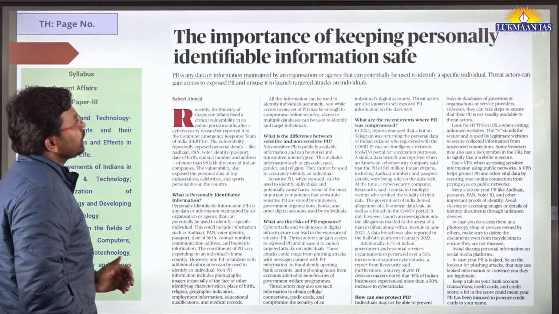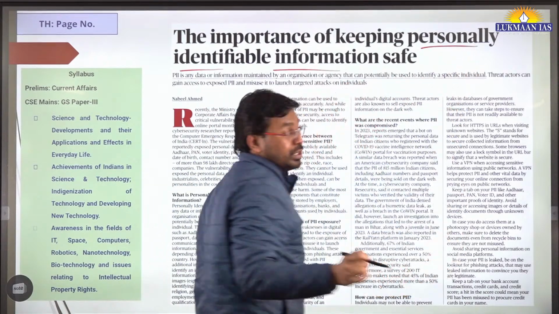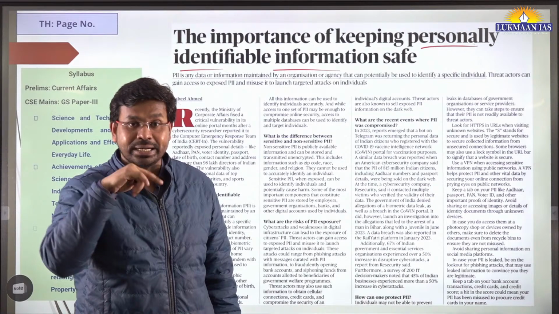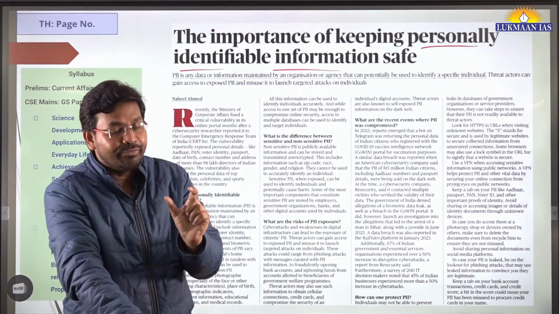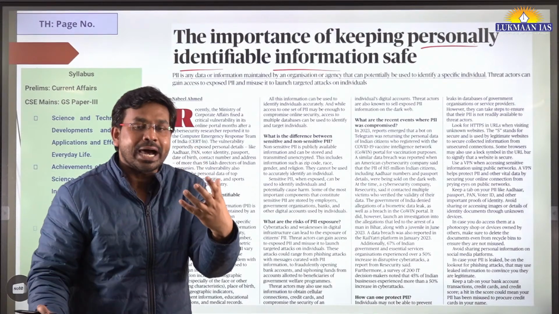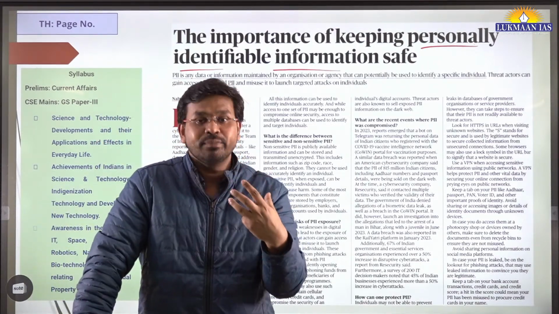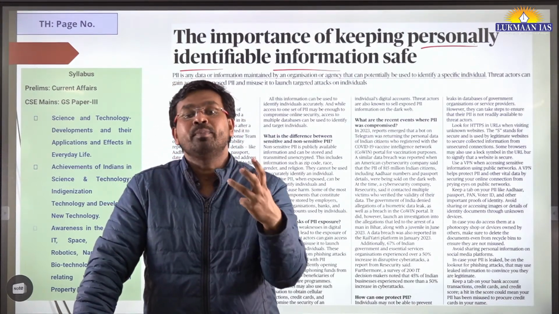It says the importance of keeping personally identifiable information safe. So what is personally identifiable information? Any information that can be used to identify an individual. For example, your Aadhaar card, your voter ID, your passport. If any of these documents is available with someone, so they can identify to whom it belongs.